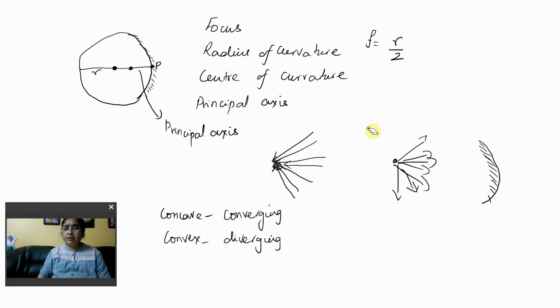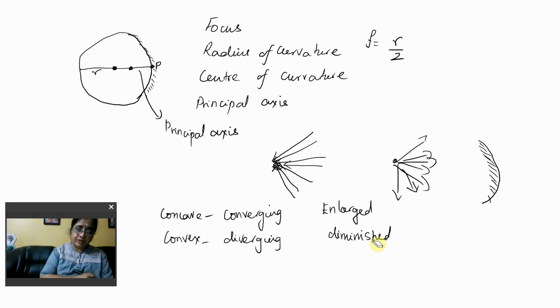And we will also see image nature, where they will say same size, like in the plane mirror. Sometimes they say your image is enlarged. Sometimes they say your image is diminished. Well, first, let us see what this means. Of course, you know these two terms.